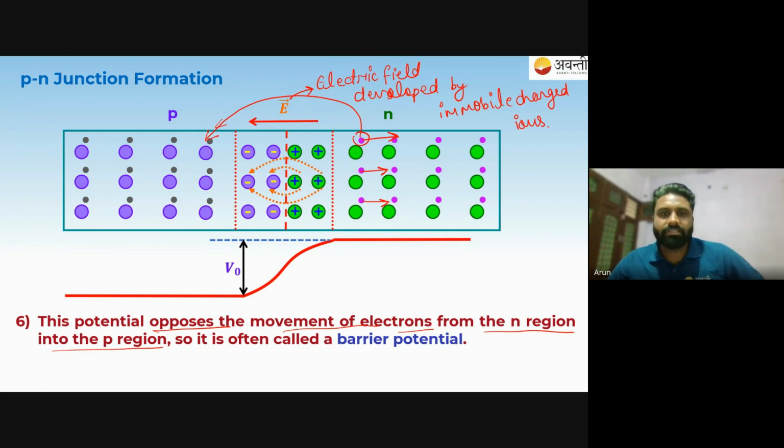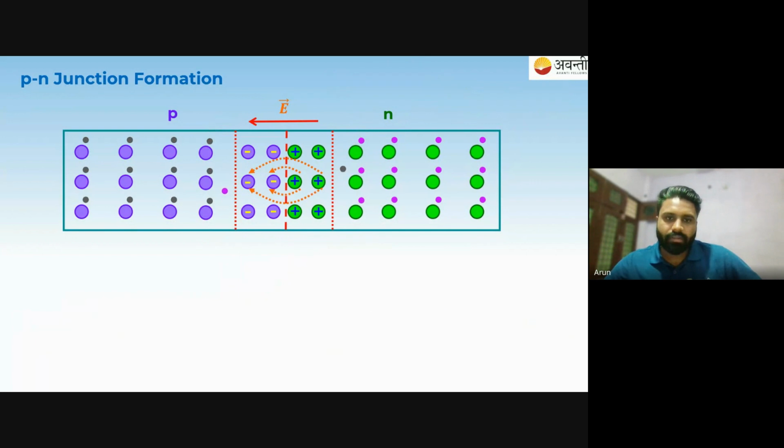So it opposes the motion of electrons from the n region to the p region. So it is often called the barrier potential.